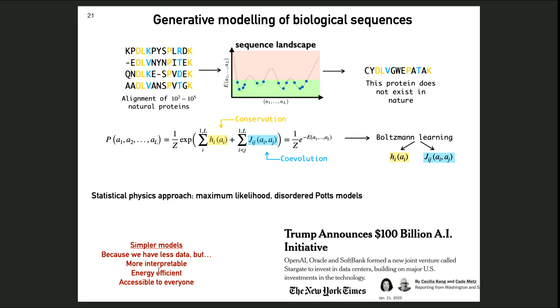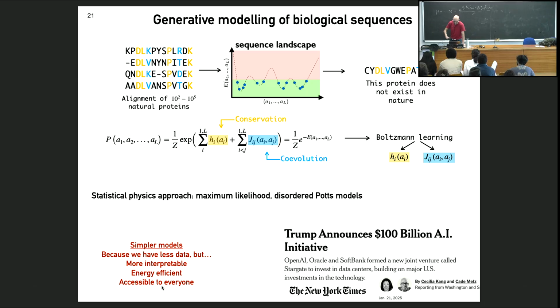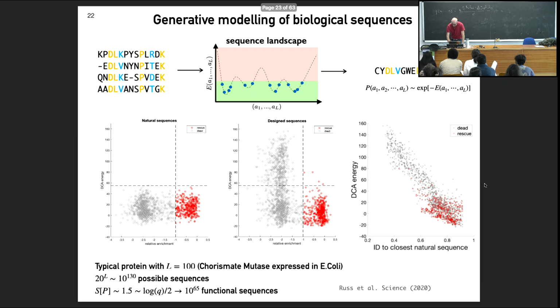But the Boltzmann machine has the advantage that it is more interpretable, easier to train, so you save energy, and it's very simple to implement, so you can have a code that everyone can use. So I don't see, for the moment, the need to invest much more energy or money to have different models, but maybe I'm wrong, and it will be the case in the future. So for the moment, we will stick to Boltzmann machines.